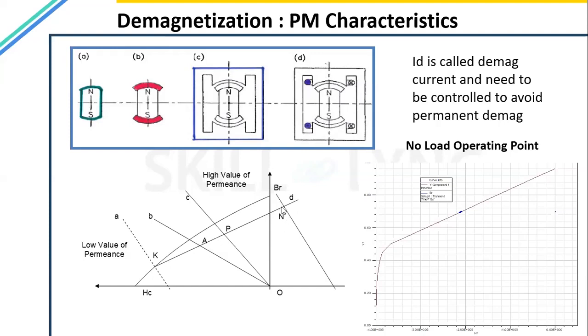You can see that we can correlate A, B, C, D, all these points marked here. When we are operating, especially in an electric machine environment, you can see it starts demagnetizing and recoiling on this line. So we have to be very careful that we do not have a very high amount of demagnetizing current, because it may demagnetize these magnets permanently.